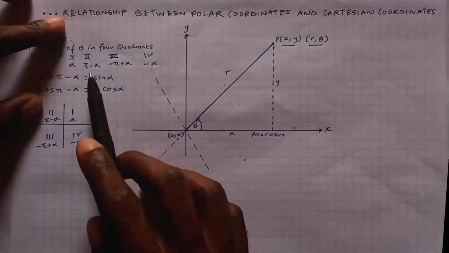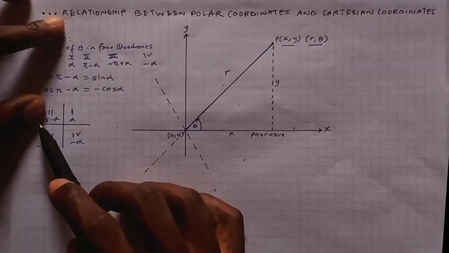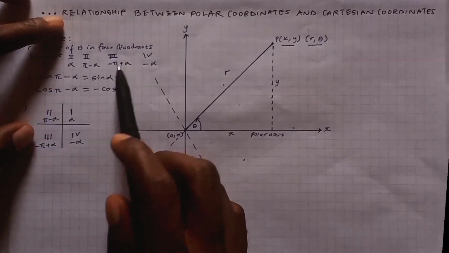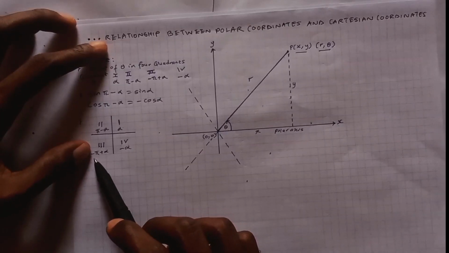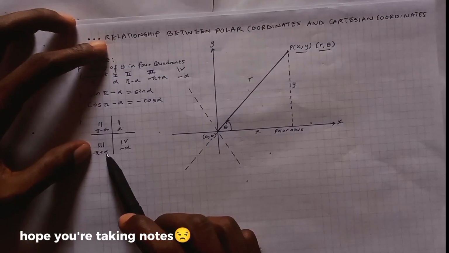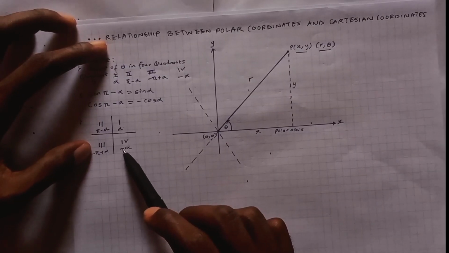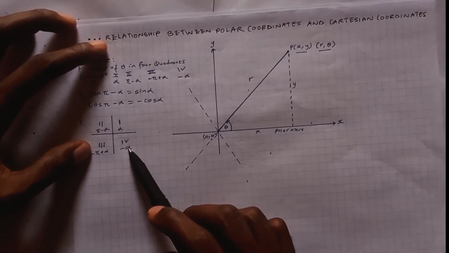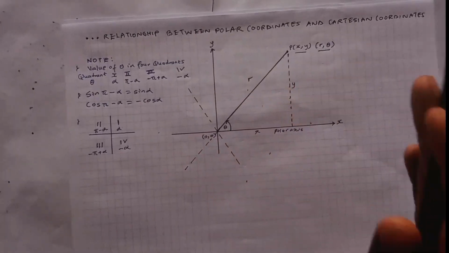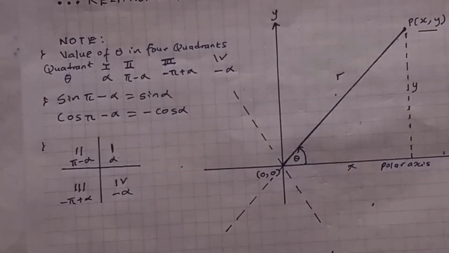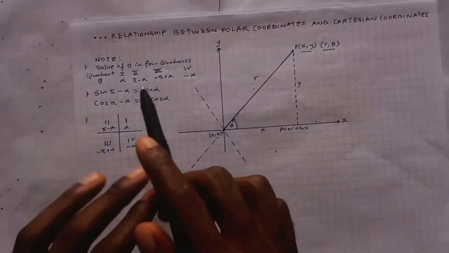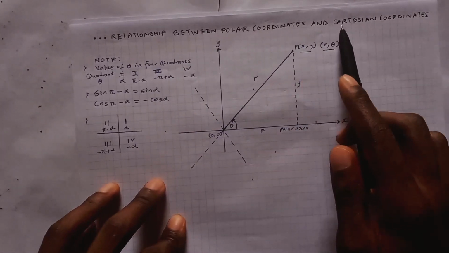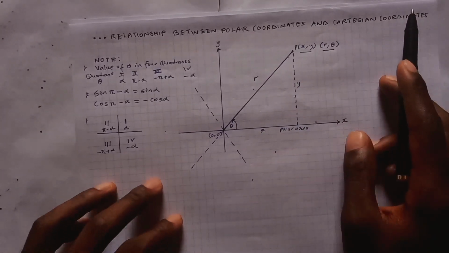In the second quadrant, the value of theta is pi minus alpha. In the third quadrant, it is minus pi plus alpha. And in the fourth quadrant, it is minus alpha. You have to know all these things so you can solve problems relating to polar coordinates and the relationship between polar coordinates and Cartesian coordinates.